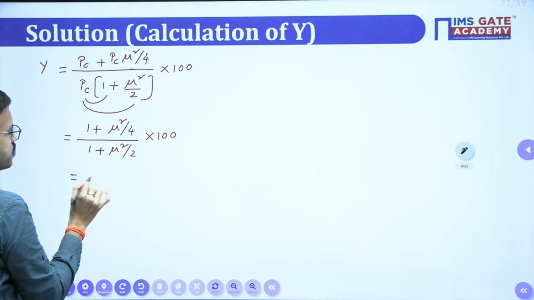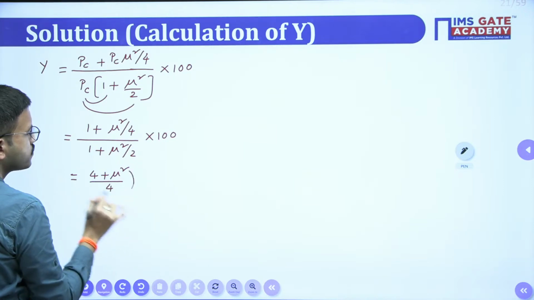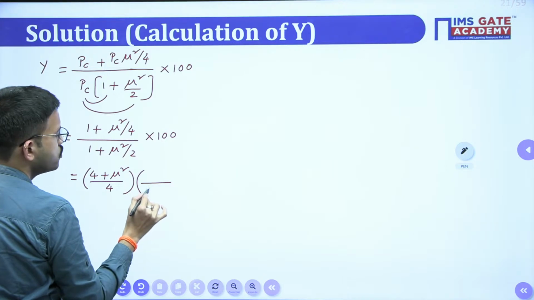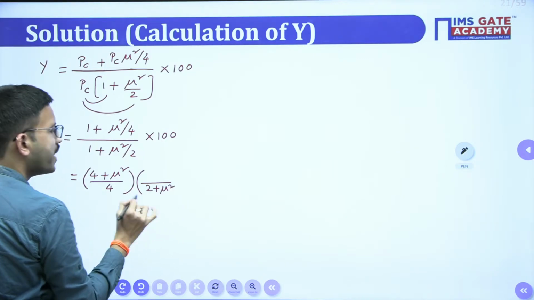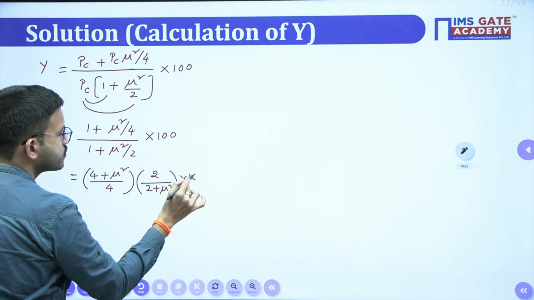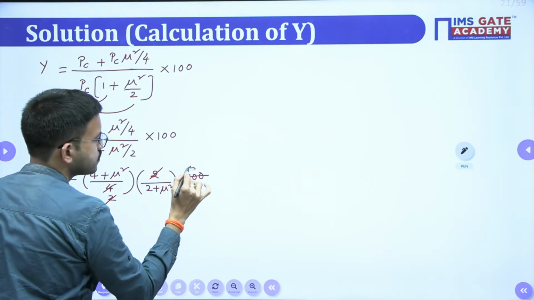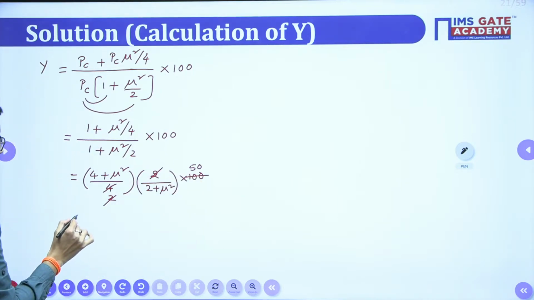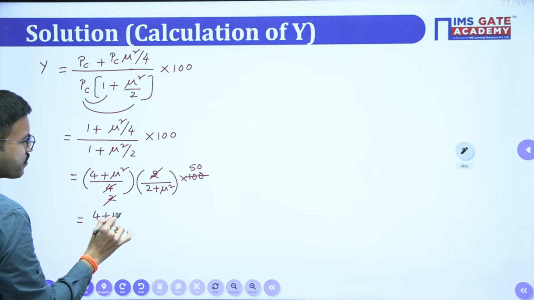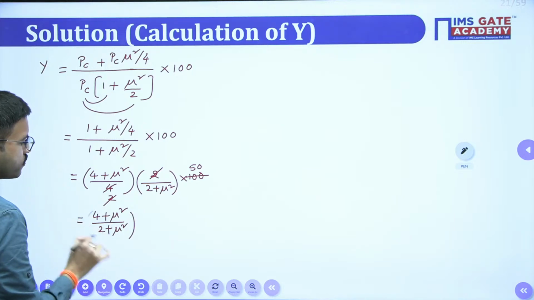So in the numerator you will get 4 plus mu square divided by 4, and in the denominator you will get 2 plus mu square by 2. That 2 I am writing in the numerator into 100. Okay, 2 times 25 is 50. Then you will get 4 plus mu square divided by 2 plus mu square into 50.